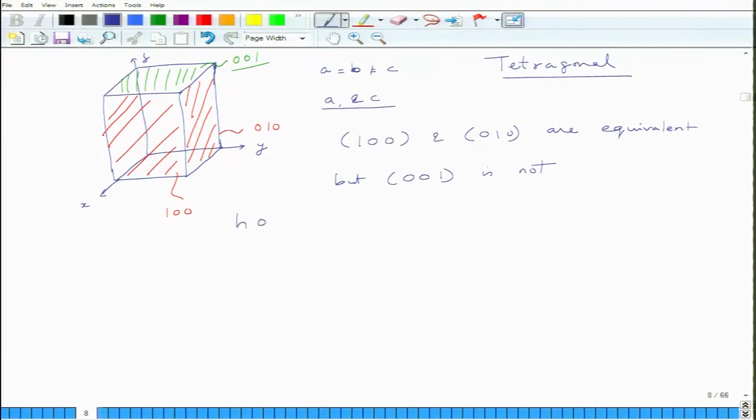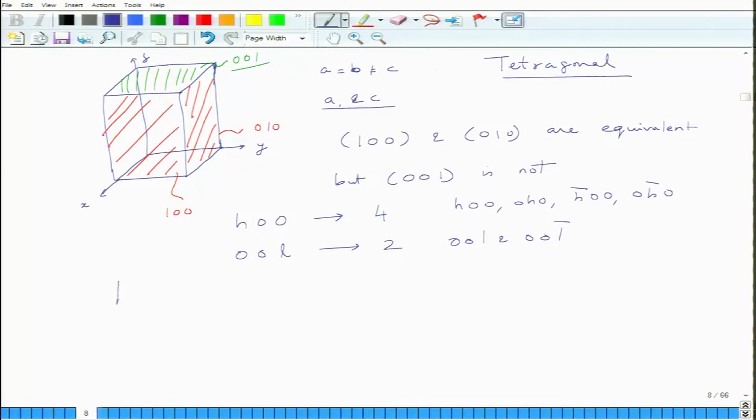So in case of tetragonal, if you draw H 0 0, multiplicity will be 4. This will imply H 0 0, 0 H 0, and then you will have 0 0 L. This will have a multiplicity of 2. So 0 0 L and 0 0 bar L. Similarly, there are other planes as well.